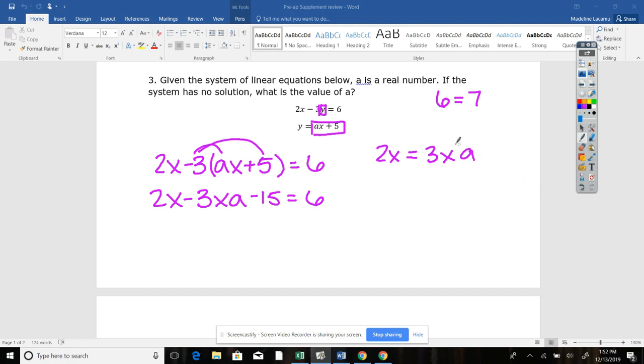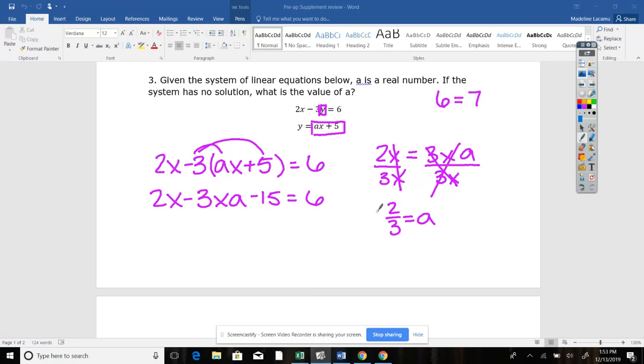Now I need to solve this for a, so all this is multiplied, which means I have to divide by 3x on both sides. So then that will all cancel out. 2x divided by 3x, the x's cancel out, so I get 2/3 equals a.